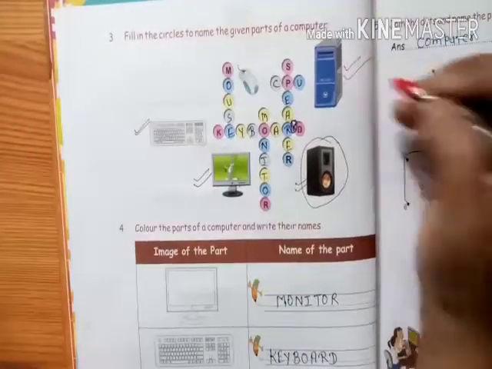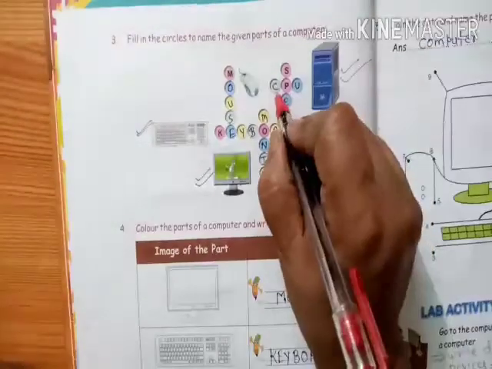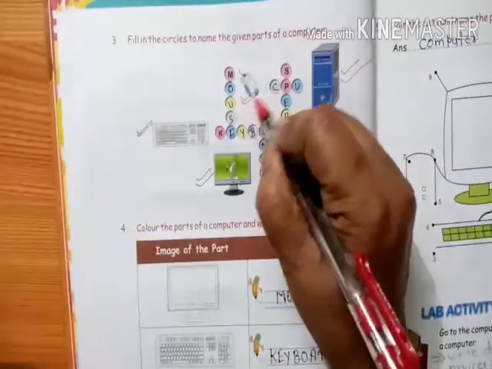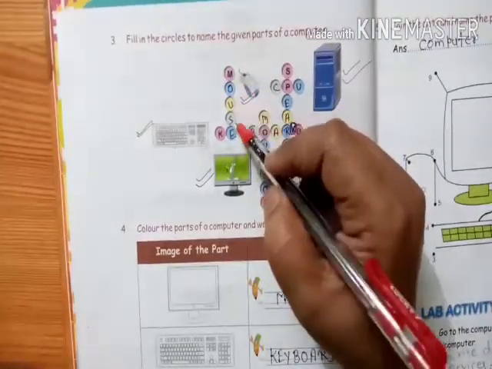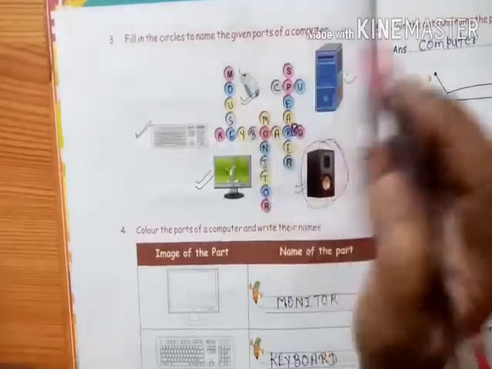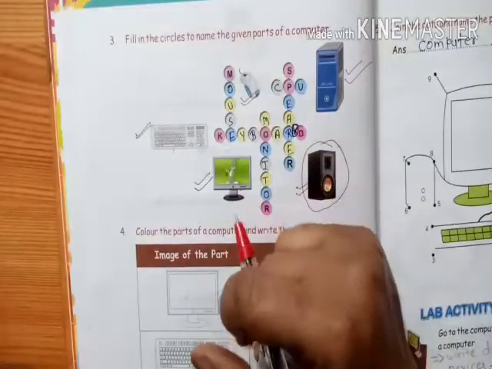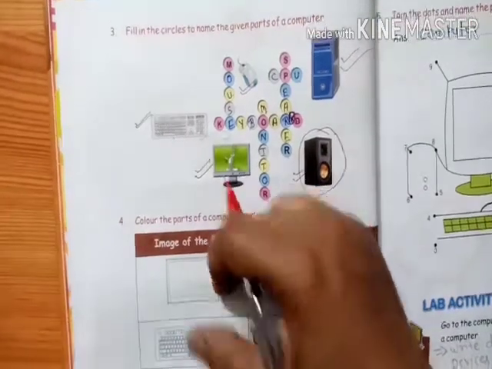Which part is this? It is CPU. So CPU. And this last one is mouse. MOUSE, mouse. So question number 3 is again completed. Now question number 4. We are moving to the next question.